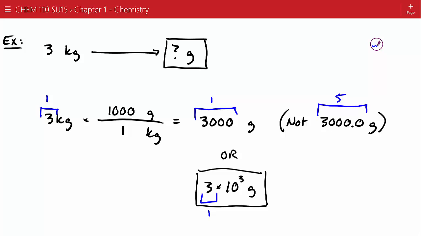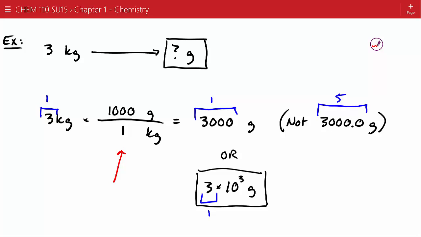The other thing that gets confusing for people is, do we count sig figs for this conversion, for 1,000 grams to 1 kilogram? No, we only use significant figures when we're measuring something.